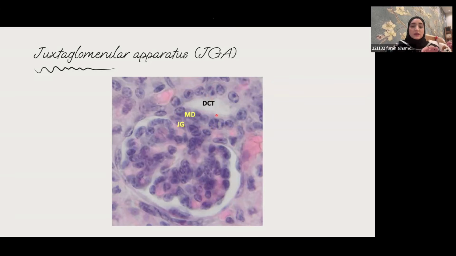So when urine is passing through here, it might sense that there's low sodium. What does it do? It sends a signal to the juxtaglomerular cells that are right next to it, they're neighbors, telling them, okay, let's raise the body's blood pressure, let's contract, let's maintain homeostasis in the body.